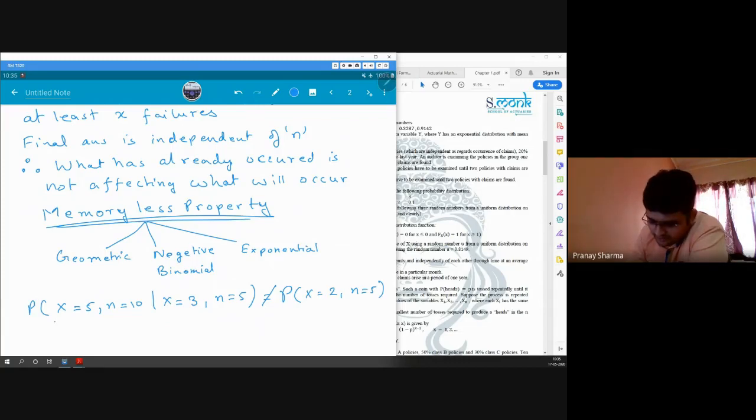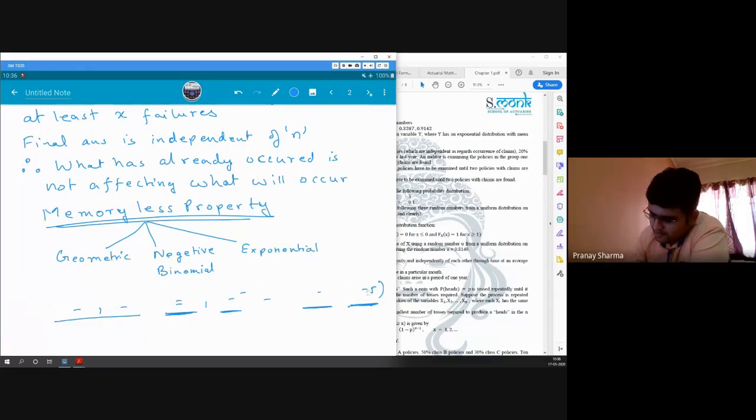So it is not following the memoryless property. Whereas geometric, negative binomial, and exponential, these three follow the memoryless property. What has already occurred does not affect what will happen next.